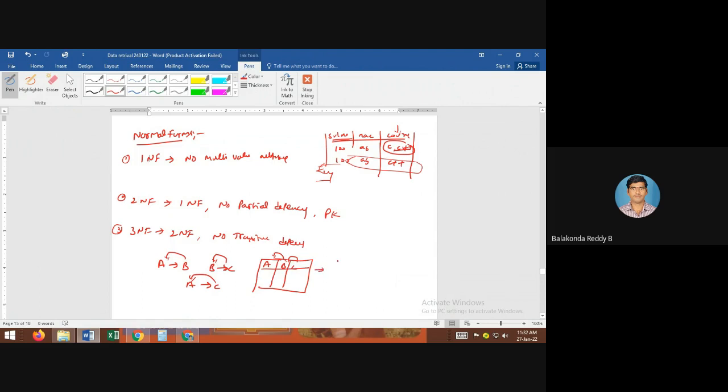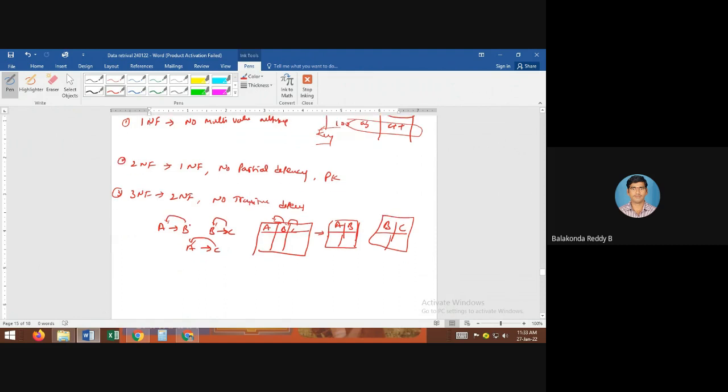So you can decompose the table into A to B and B to C. Now there is no transitive dependency. These two tables are in 3NF. Simply remember, guys, if the table satisfies the 2NF rule, meaning no partial dependencies, and at the same time no transitive dependency, the table is in 3NF.